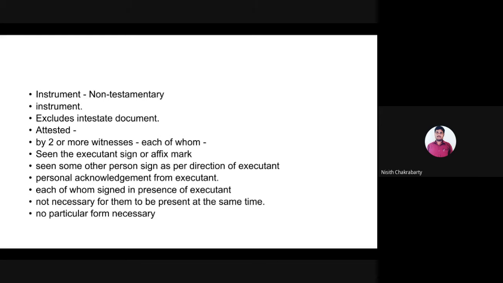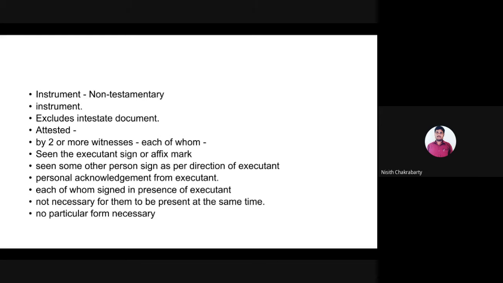When I say that it is an attested document, that means it has been attested by two or more witnesses. Only if two or more persons attest is it called an attested document.